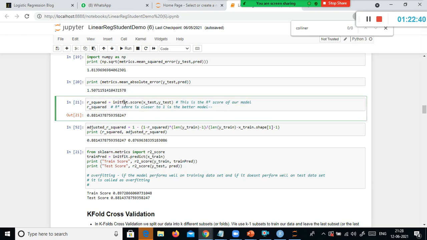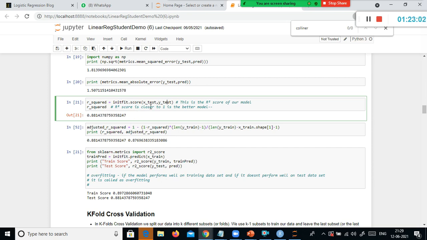And for score, this is the beauty of sklearn. Here my instance name is init.fit. There is a built-in function called score. You need to specify the X_test and y_test to get the R squared value. This score function will give you the R squared value.